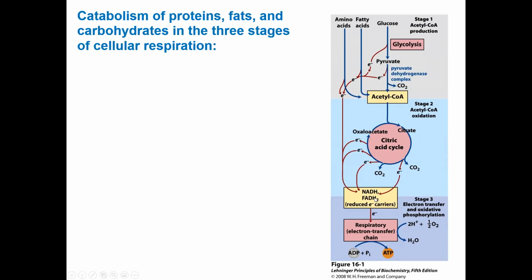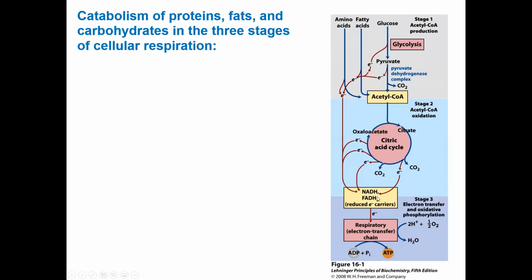And in the final stage, stage 3, you take all those reduced electron carriers, NADH or FADH2, and you transport those electrons that are embedded in them to the respiratory chains. Respiratory chains are sitting in the inner mitochondrial membrane, where they accept those electrons from the reduced electron carriers.